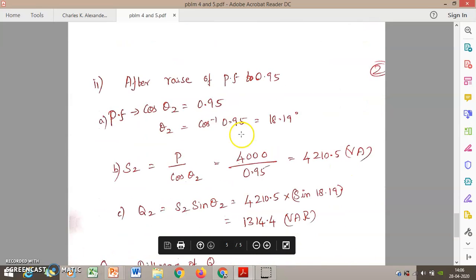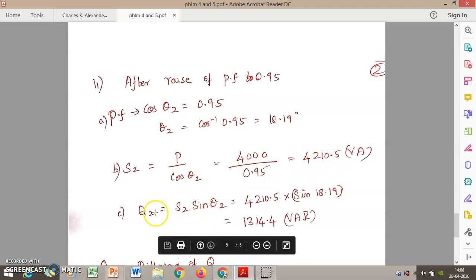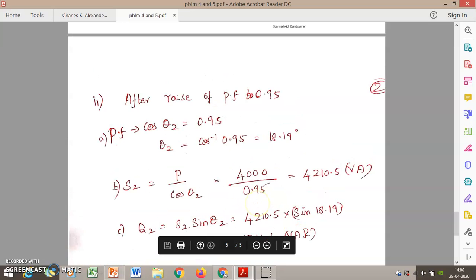Likewise, after raising, S2 equal to P divided by cos theta 2 equal to 4210.5, and Q2 equal to S2 into sin theta 2. This is theta 2, substitute. What is S2? We have found it here. Substitute and find Q2.